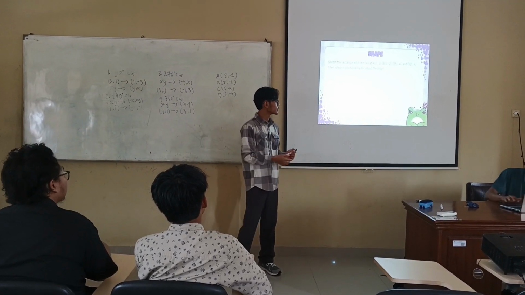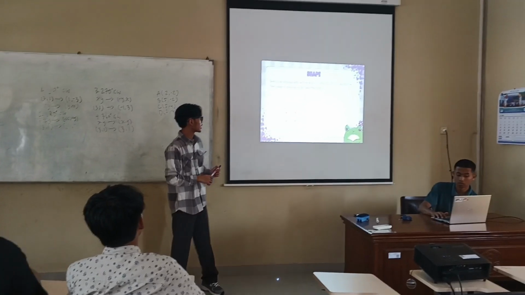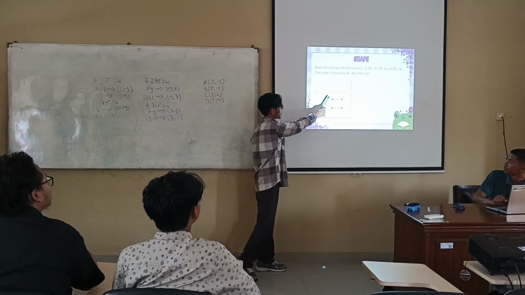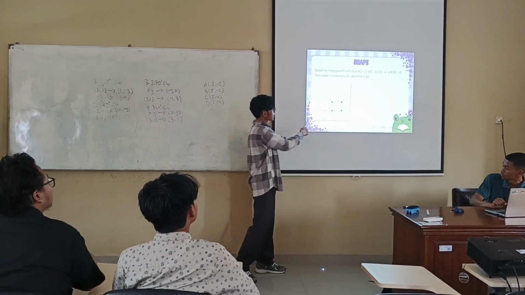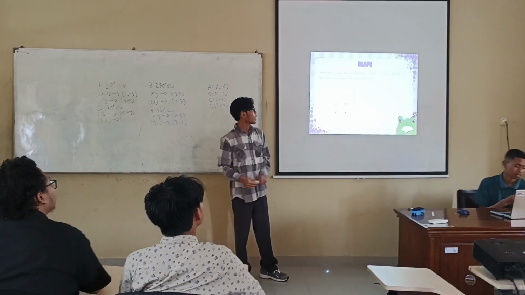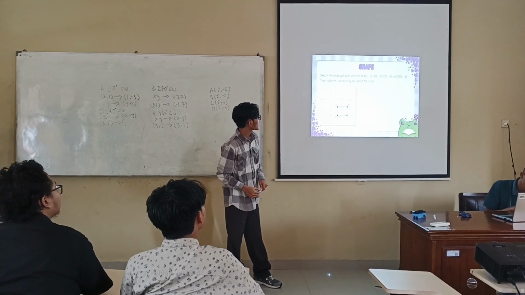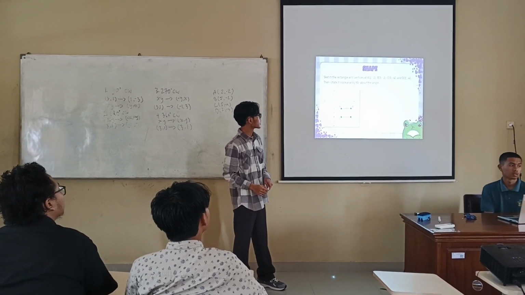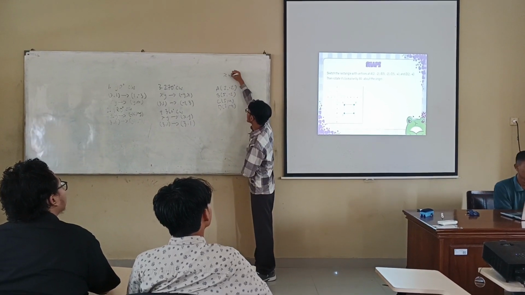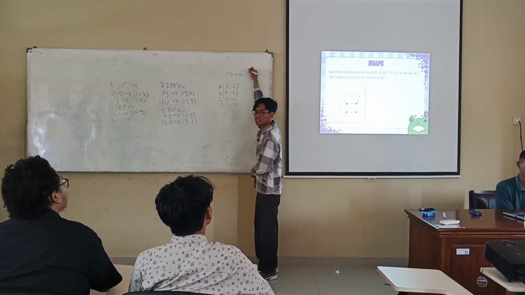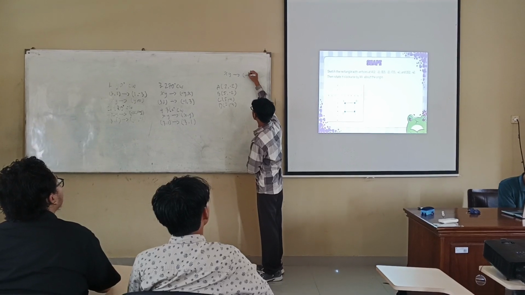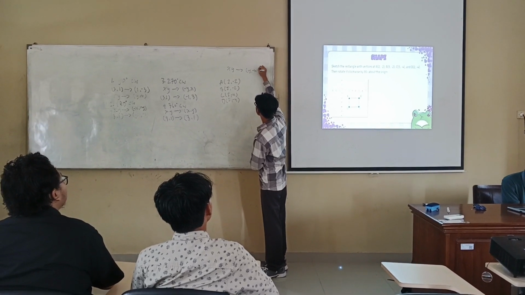Okay, this is the origin and the rectangle with points A, B, C, D, and we connect all the points with lines and it becomes the rectangle. And now the question is to rotate it clockwise by 90 degrees about the origin. We know that x, y, when we rotate 90 degrees, will become y, minus x.